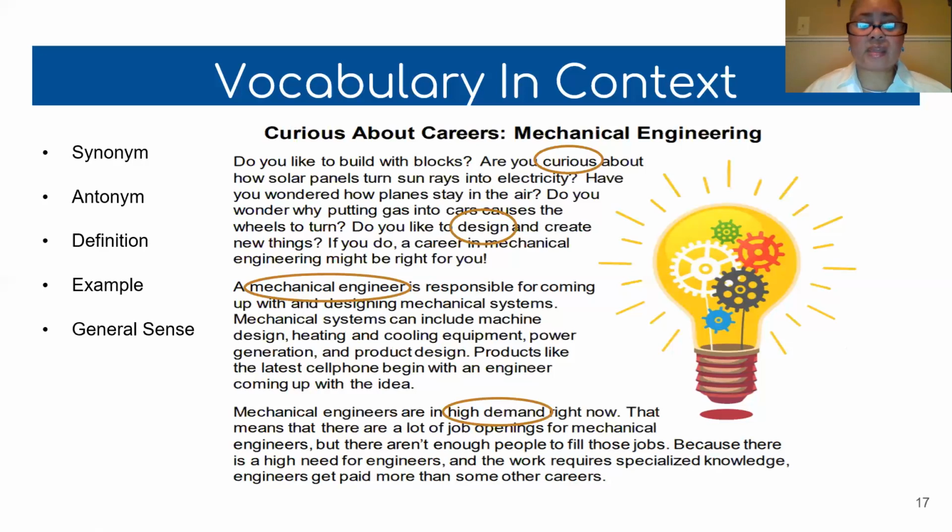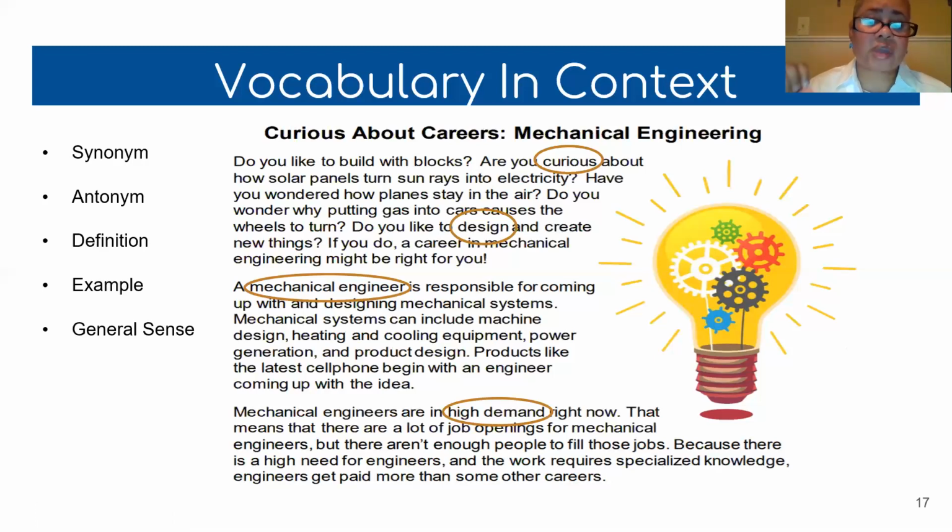Did you say that the author was using a definition? Yes, and it says in the second sentence that means there are a lot of job openings for mechanical engineers. But if you also used a general sense with the information given, you can determine the meaning of the concept high demand. Vocabulary in context takes some planning, front loading for your students.